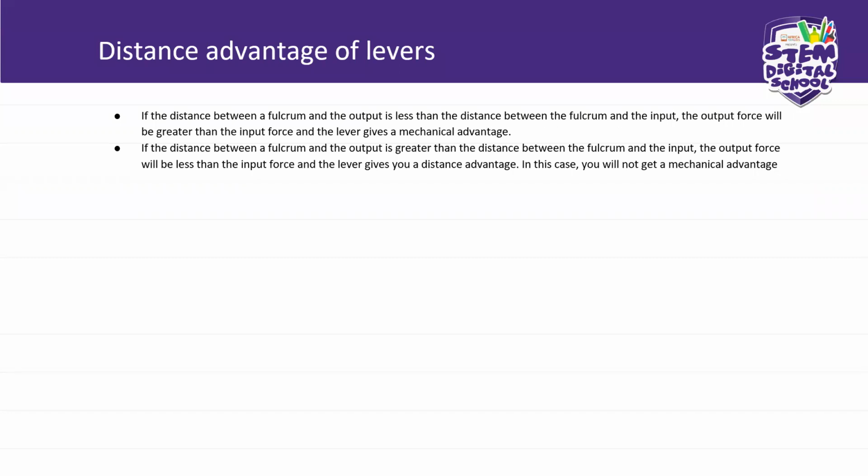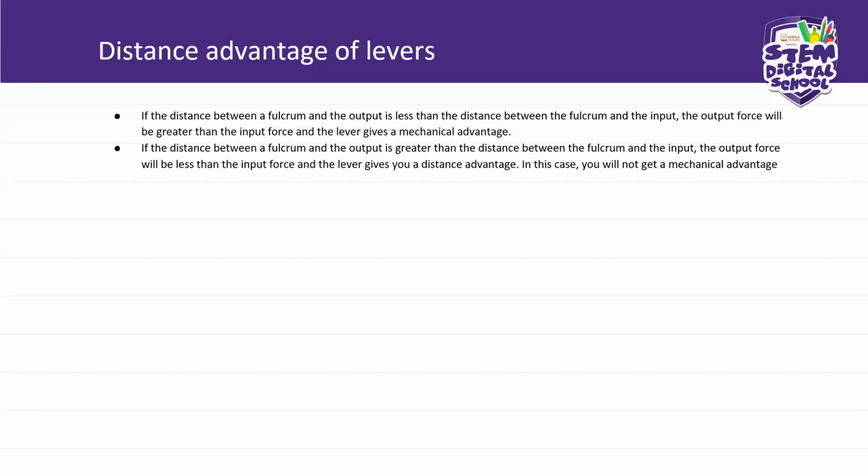If the distance between the fulcrum and the output is greater than the distance between the fulcrum and the input, the output force will be less than the input force, and the lever gives you a distance advantage. In this case, you will not get a mechanical advantage.